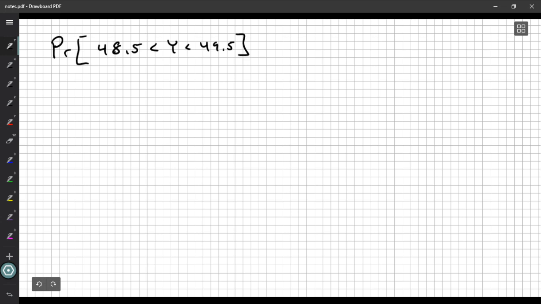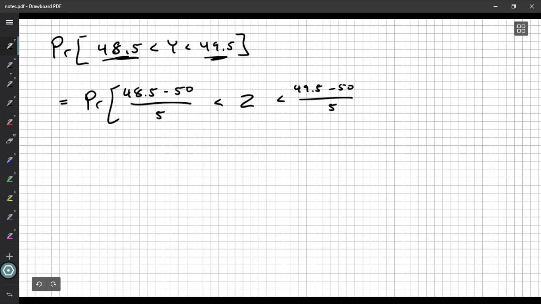And what we're going to do now is use that x minus mu over sigma to change the values that we're comparing y to into z-scores that we can compare our standard normal to. Okay, so what do we do? Well, x minus mu over sigma, and the other one as well. And we have to simplify these, and then we'll have a probability in terms of the standard normal random variable that we can look up in the chart.